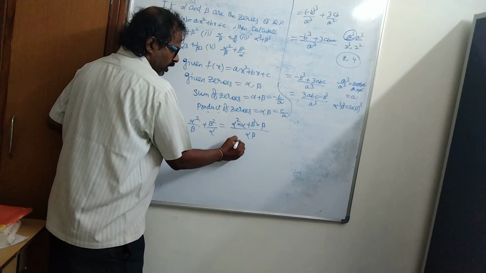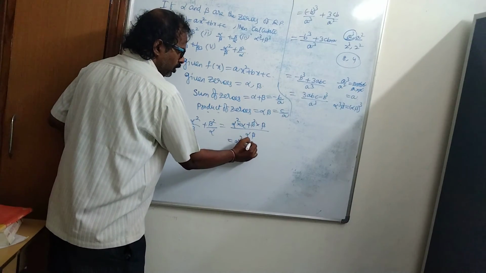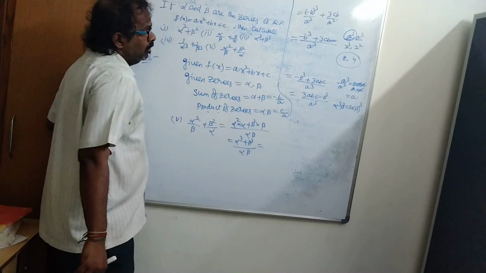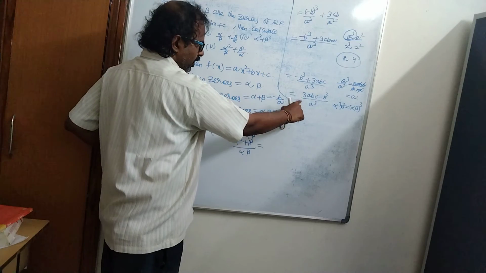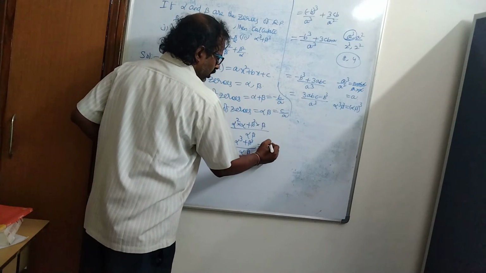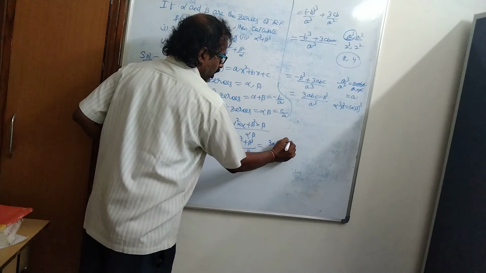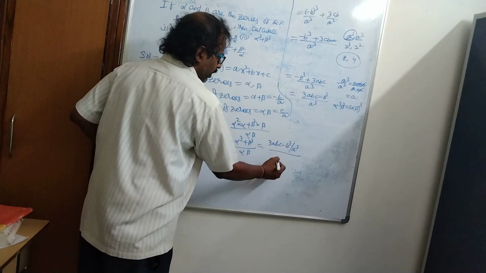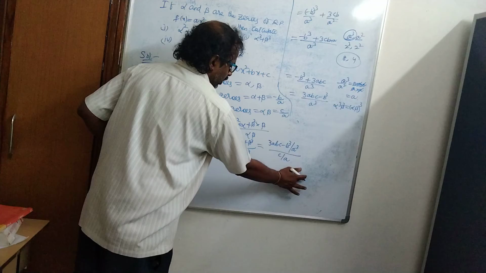So that is equal to alpha cube plus beta cube by alpha beta. Already we have alpha cube plus beta cube as 3abc minus b cube by a cube, and alpha beta will be c by a.